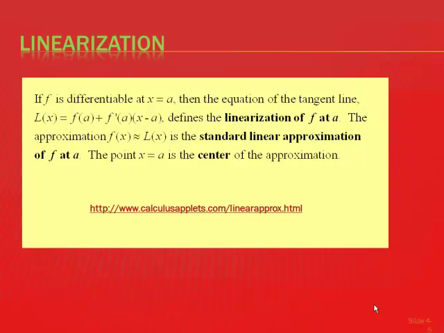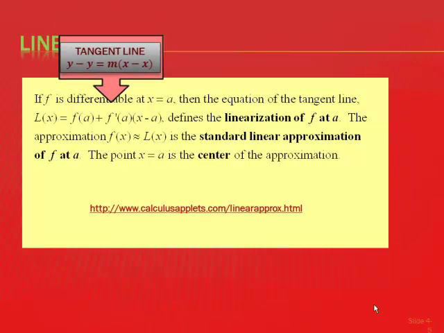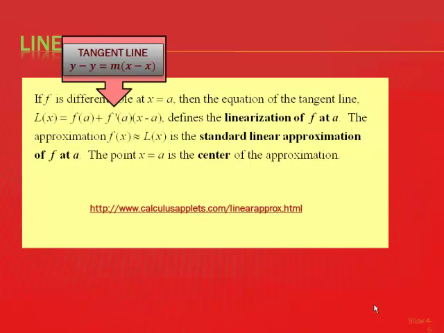What I want you to really see is that this equation, L of x equals f of a plus f prime of a times x minus a, is actually just the equation of the tangent line, y minus y1 equals m times x minus x1, where your L of x is your first y, f of a is just my second y, subtracted or added to the other side, plus f prime of a, well, that's slope, right, times x minus a, which is my first x, and then my second x is a.